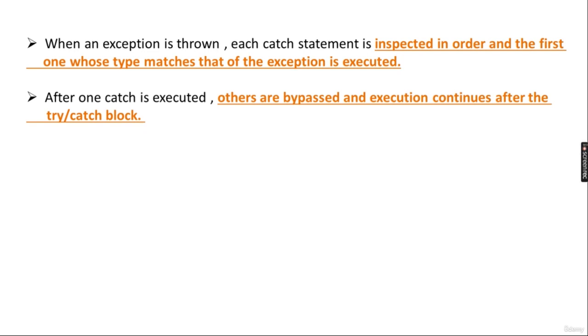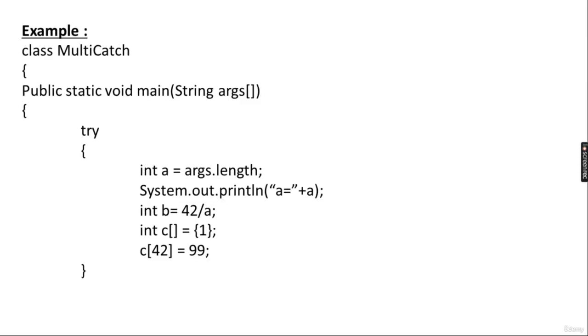After one catch is executed, the others are bypassed and execution continues after the try catch block. So all the remaining catch blocks up to catch block n are bypassed, and then whatever is written after the try catch block will be executed.